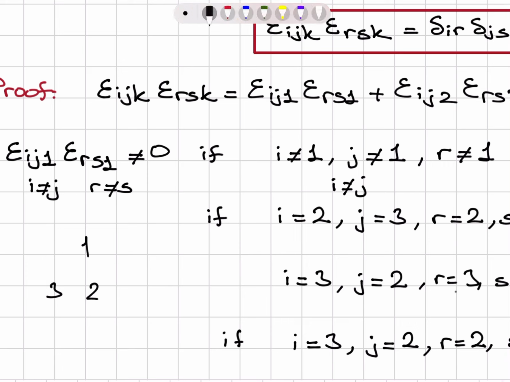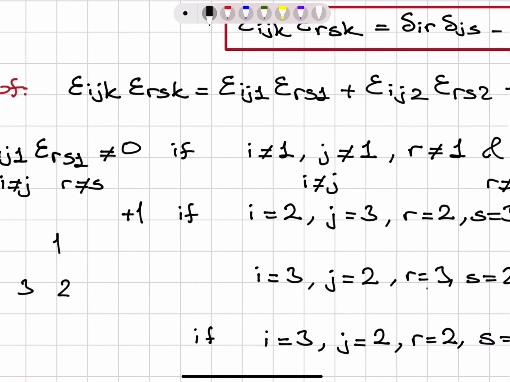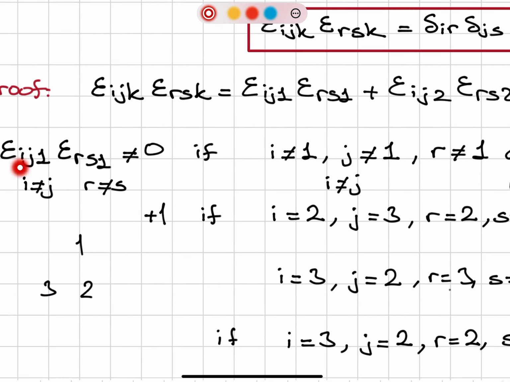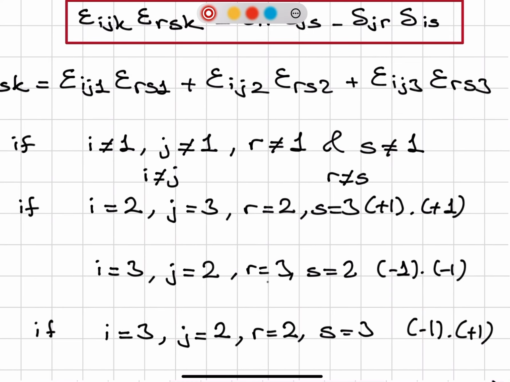The answer is going to be plus 1. If I do 3, 2, 1, 3, 2, 1, that is minus 1, minus 1 times minus 1 will give me a plus 1.